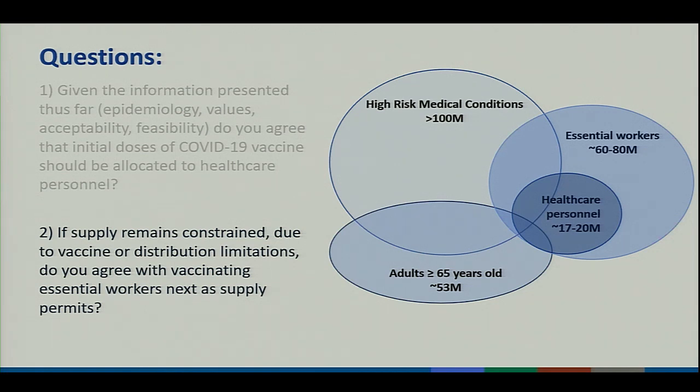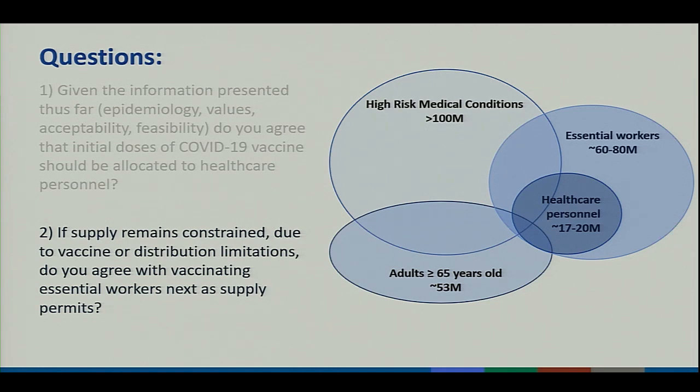I do want to point out that minorities have substantially higher risks from COVID, with more morbidity and deaths, and many of them are essential workers, as well as many having high-risk medical conditions. In a sense, targeting essential workers targets a very high minority population that is essential because of their occupation.